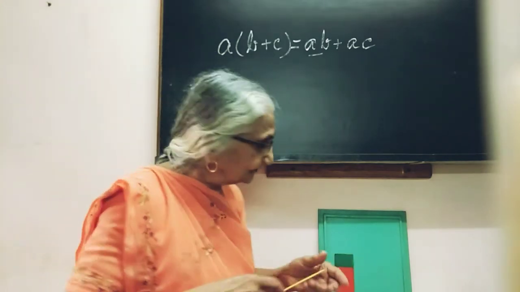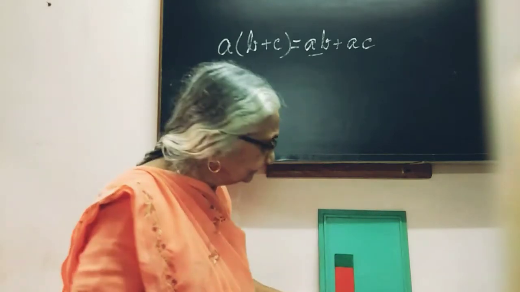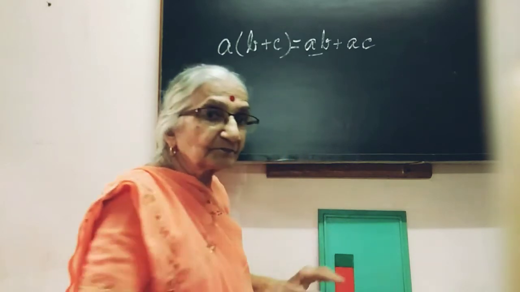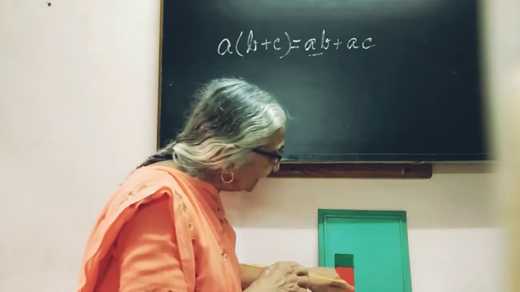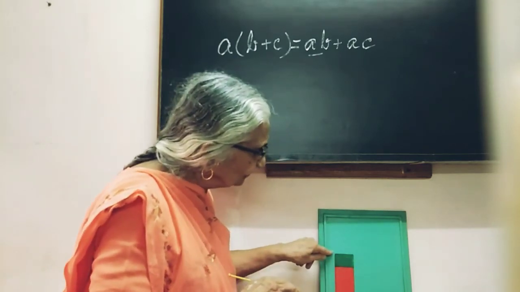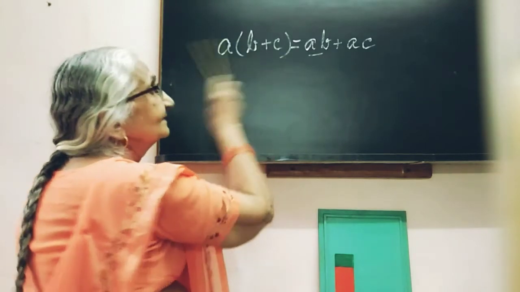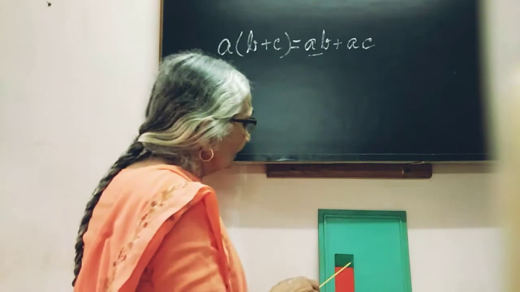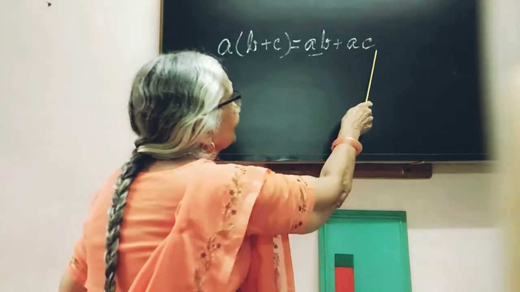What are the sides? Well, this I know is A, so that's very simple. This was B and this was C. The whole is, as we just noted, B plus C. So the area is A into B plus C. That is exactly our right hand side. By taking the pieces separately, we got the left hand side.